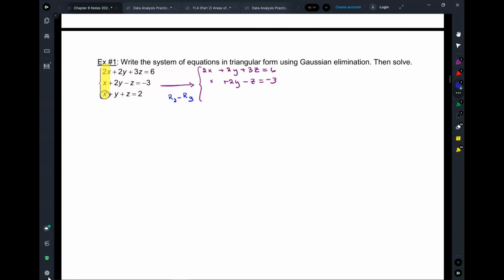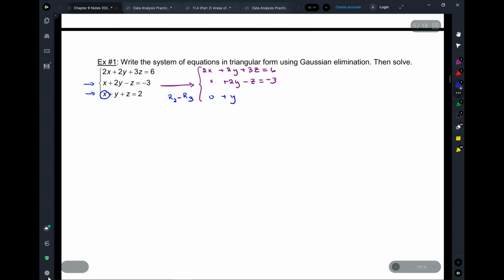Now you're going to do that same operation to the x's, the y's, the z's, and the constants. So I start with the x's. If I'm going to do row 2 minus row 3, x minus x gives me a 0. Next, move over to the y's. 2y minus y, so positive y.